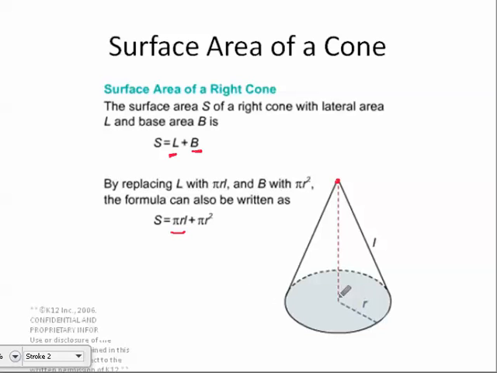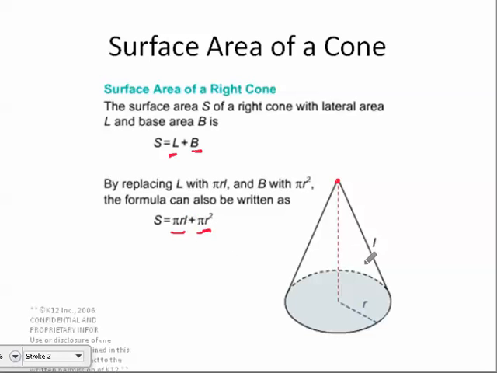I can develop it for you in the lessons themselves, but I think you'll see that that is the lateral surface area. What does this relate to? If you're talking about an ice cream cone like this, it's the amount of cone that you've got. And the base, pi r squared. You're adding that on.